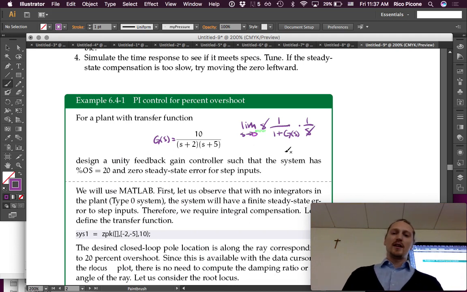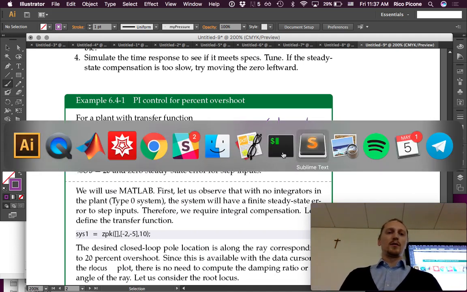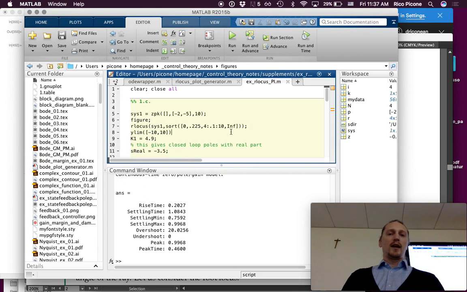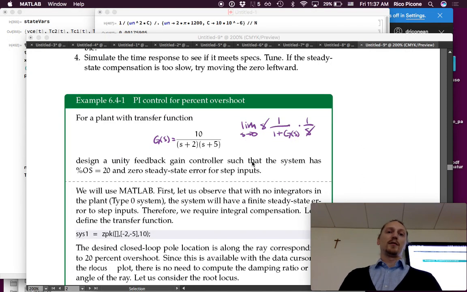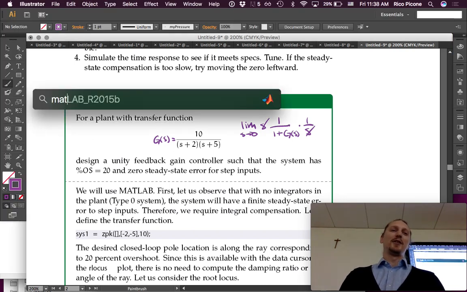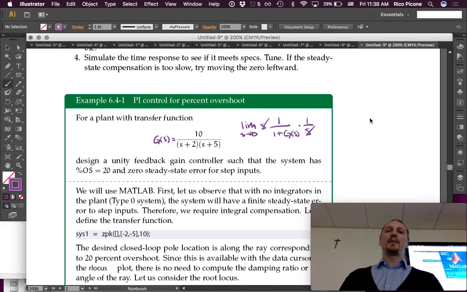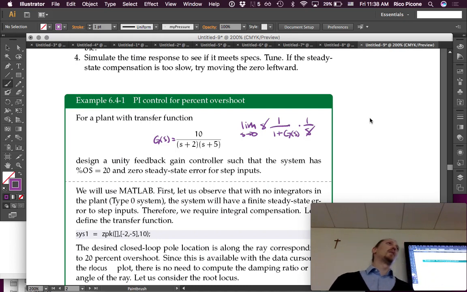So let's switch over to MATLAB, and before we get to the plots, I'm going to restart MATLAB because I've done this before. So annoying to me. That's like the type of thing that you're just never going to get that bug worked out. They're just never going to fix that bug. It's just never going to happen.